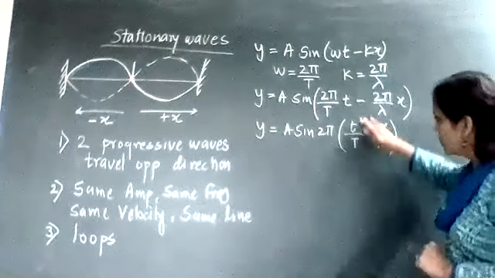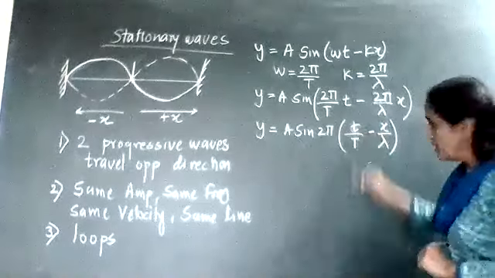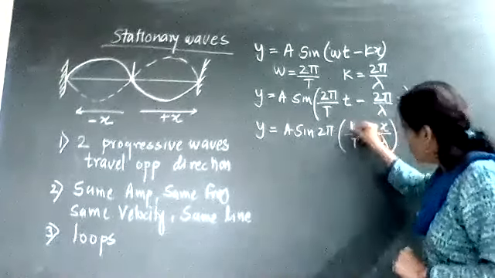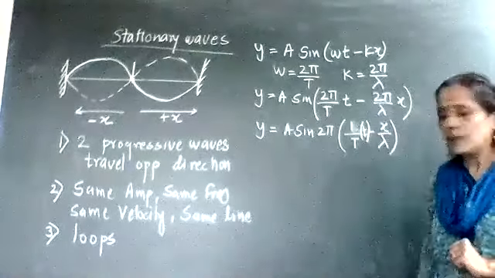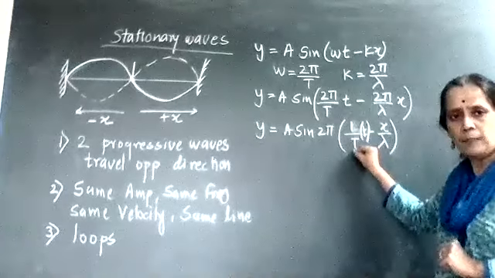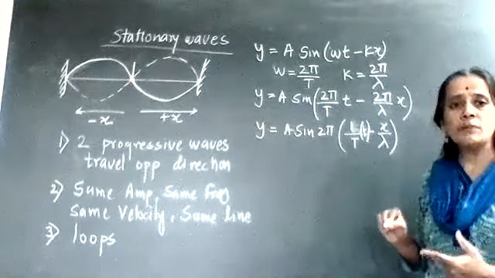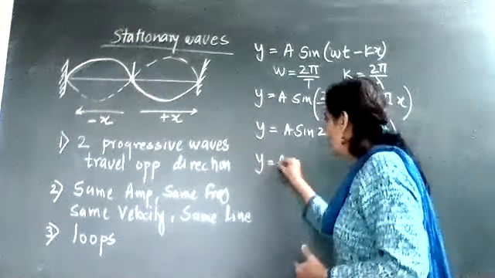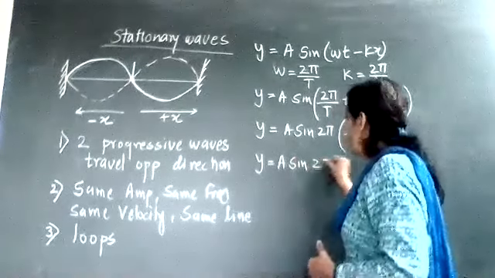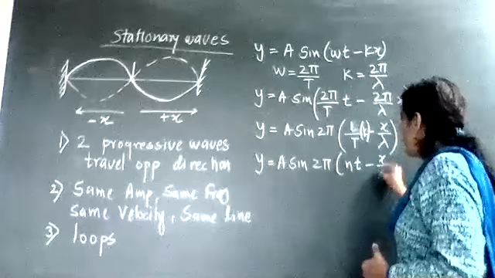Here is small t upon capital T. Instead, I will write 1 upon capital T into small t. Capital T is nothing but the period, so 1 by capital T is nothing but the frequency n. So I will write y is equal to a sine 2 pi into bracket nt minus x upon lambda.